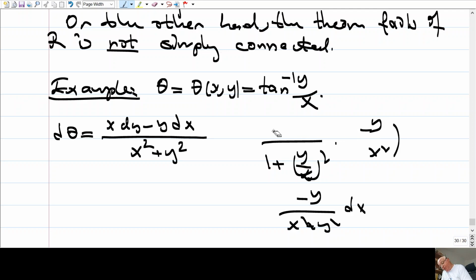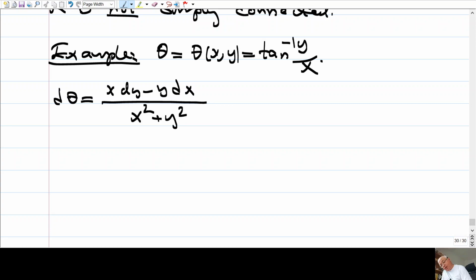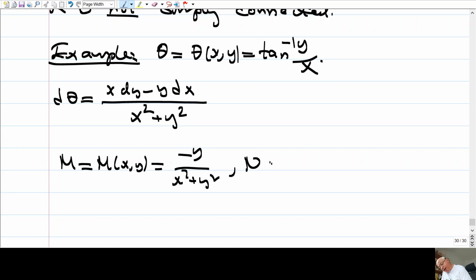Okay. So if you look at this one form, and if you consider this equation, so let's take M(x,y), which is minus y over x squared plus y squared, and N(x,y) is equal to x over x squared plus y squared.